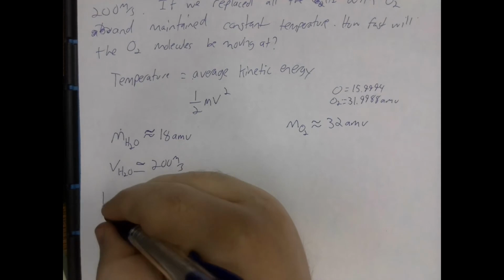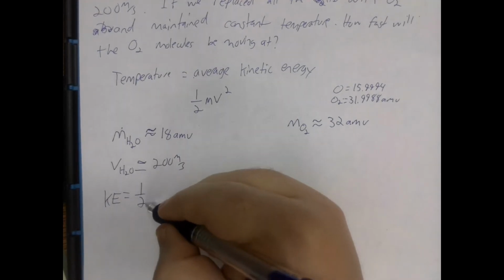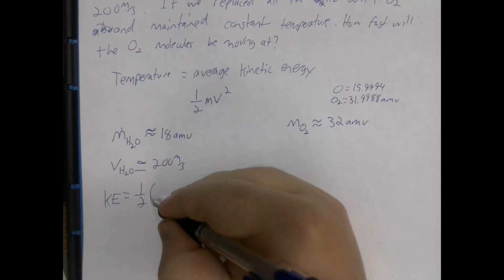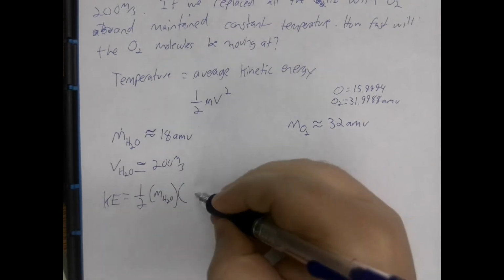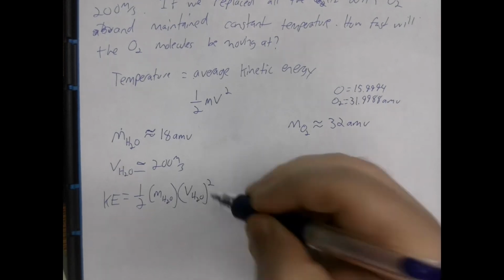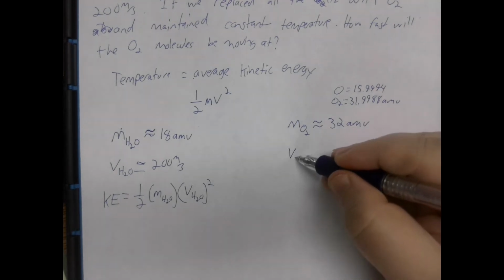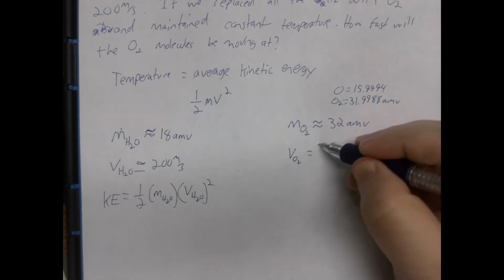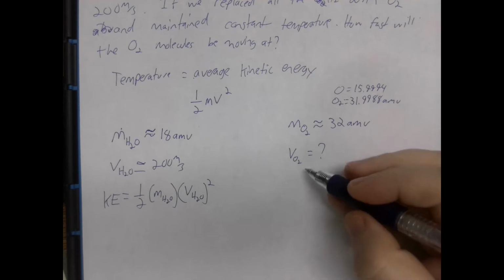So the kinetic energy of the molecule is equal to 1/2 times the mass of a single water molecule times its velocity squared. We don't know the velocity of the O2 molecules, but we know that the kinetic energy has to be equal to the kinetic energy of the water.